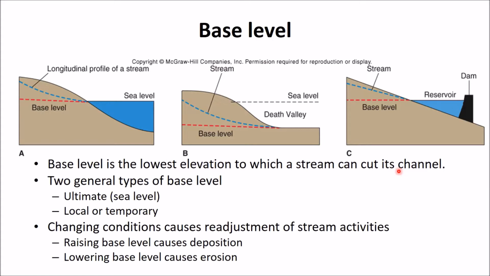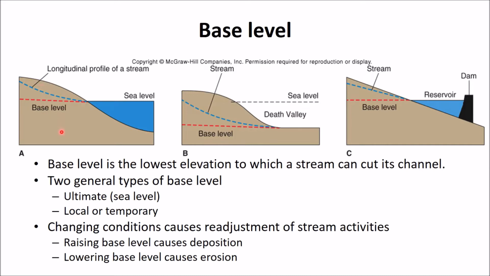And we may have two types of base level. The ultimate base level, and normally the final erosion will flatten the channel bottom to equal the sea level, like this.